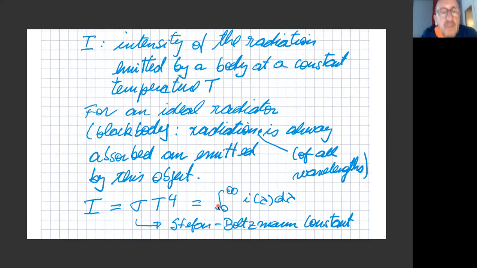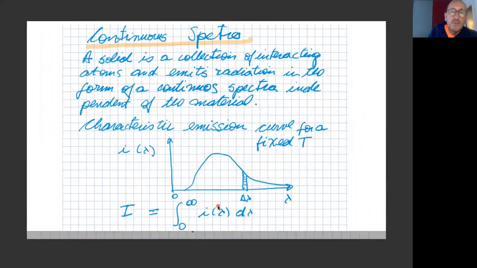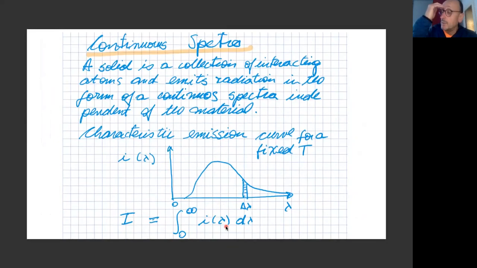So there is something that is called an ideal radiator. What I have just shown you here is an experimental fact, and then scientists, good scientists, try to make models to describe this.